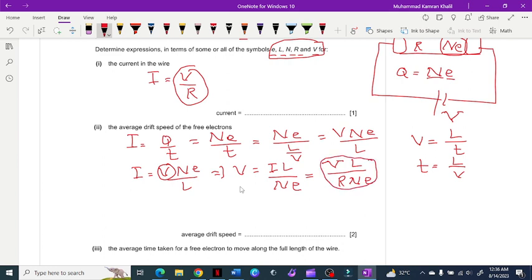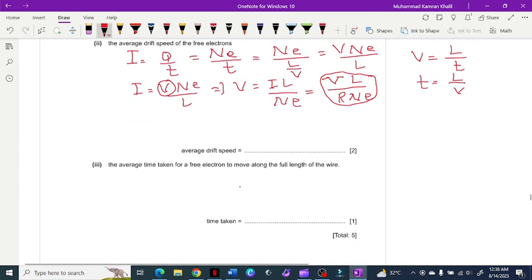In the final expression we do not have any other symbols, because he has told us to use any one or all of the symbols according to the condition. Now for the time expression, we have already calculated the total movement of the charges. So time is equal to distance over speed. Time is equal to distance L over speed.